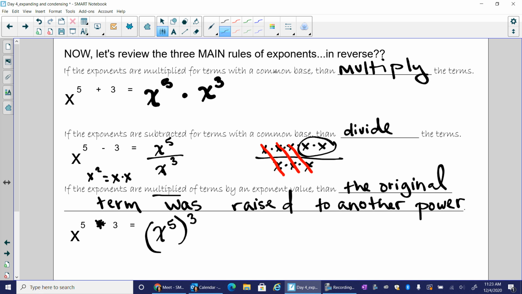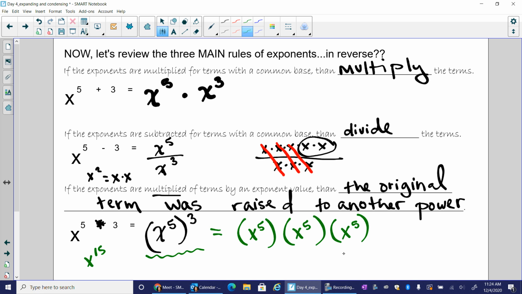But I'm going to illustrate this last one similar to what I just did in the 5 minus 3 problem. I know 5 times 3 is 15, x to the 15th power. But look at the way this is written, x to the 5th to the 3rd power. That is saying take x to the 5th and multiply it times itself 3 times. x to the 5th, x to the 5th, x to the 5th.